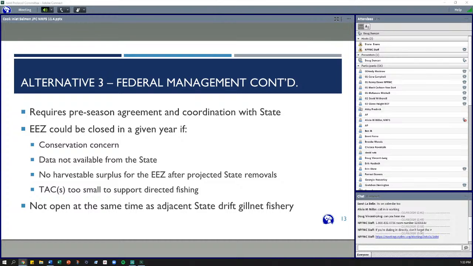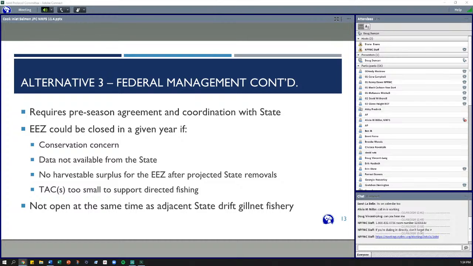Another potential annual management outcome under Alternative 3 could be a closure of the EEZ to commercial fishing. So no fishing at all during the year, which could result from several different concerns. If there is a conservation concern and harvest of a stock would exacerbate that, the EEZ can be closed to commercial fishing.